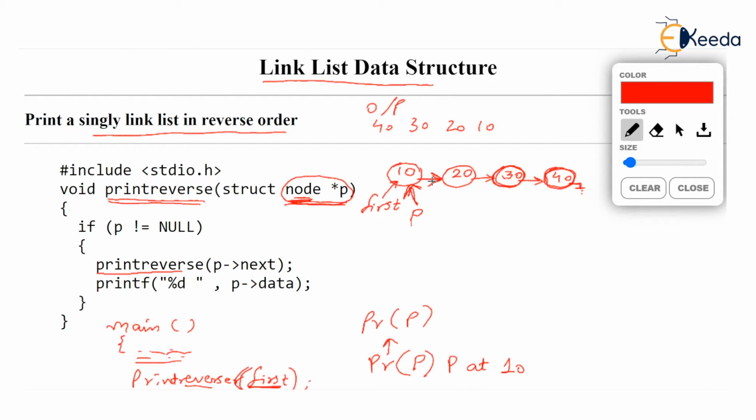That means print reverse has been called recursively by passing P arrow next, which means we are passing the address of 20, and that address of 20 gets copied in the parameter P. So the new recursive function starts with P pointing at 20. There is a new pointer P which now points at 20 and a new function. The new function is print reverse P with P pointing at 20.